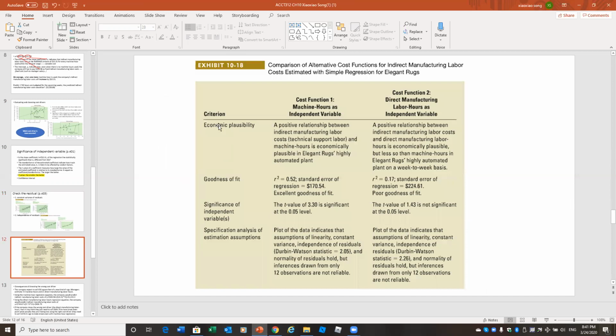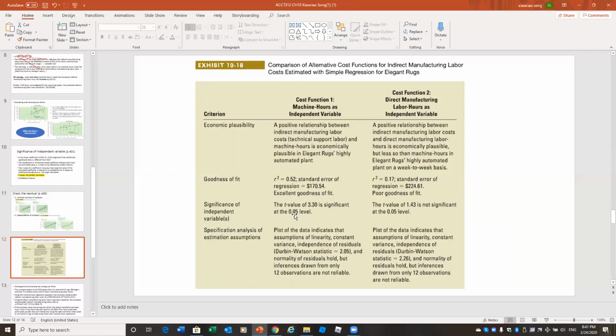Okay, so besides whether you think the cost driver makes sense, yes or no, we compare R square. Let's say one model's R square is 52% and the other is 17%. You want to go with the higher R square. For the significance of the p-value, our cutoff is 5%.